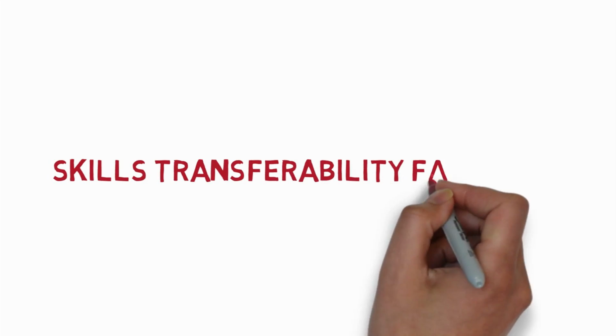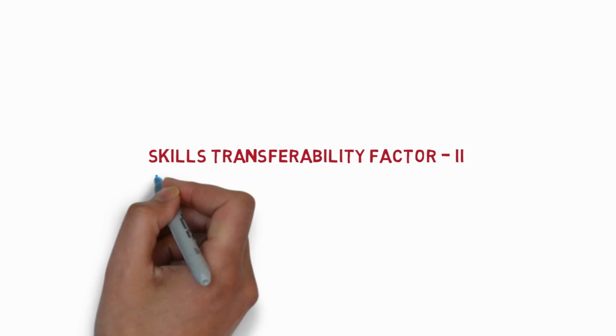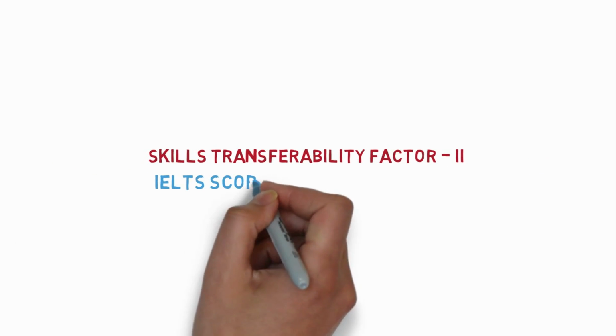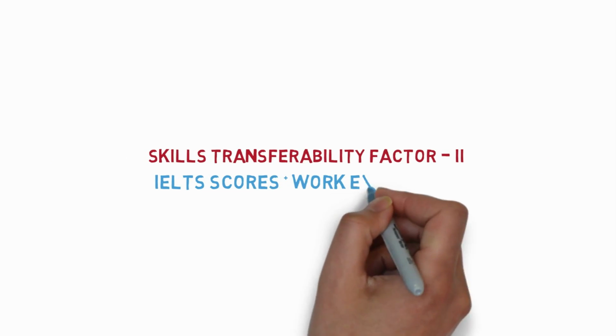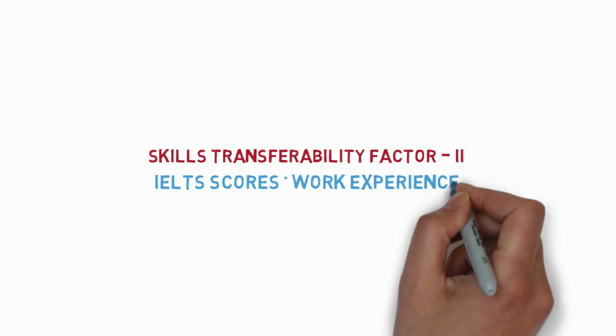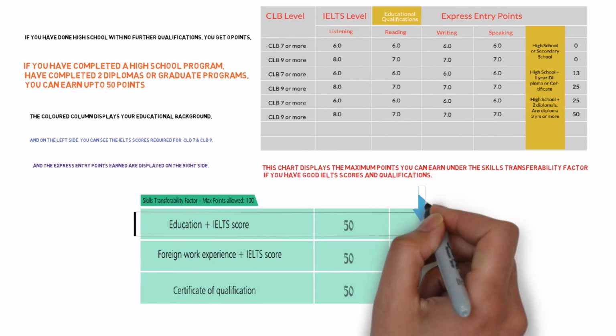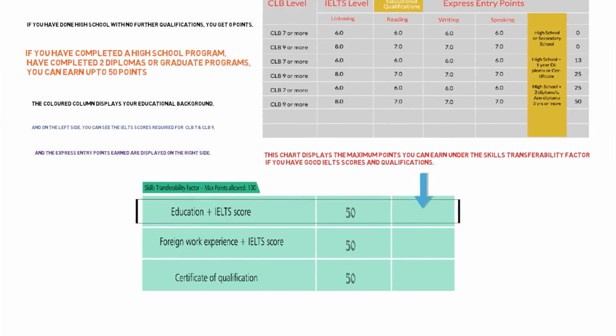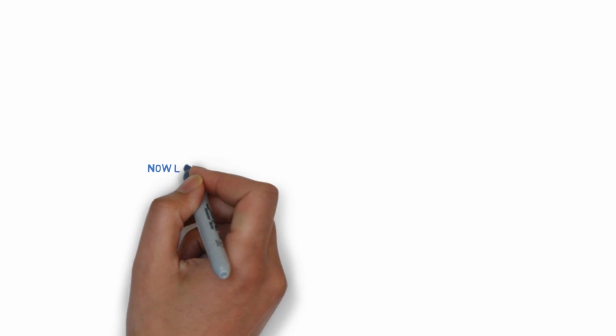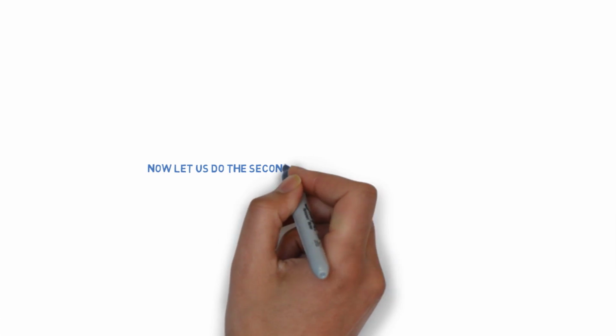Now let us look at the second skills transferability factor. The chart here shows that you can earn up to 50 points if you have good IELTS scores and you have 3 years of work experience. So this section will take care of your work experience outside Canada and your language skills.